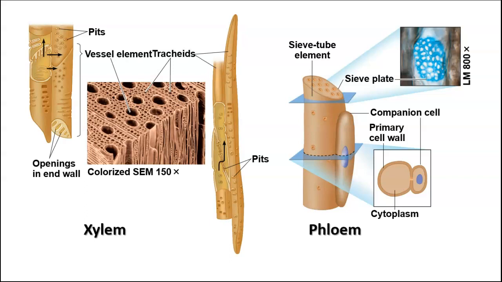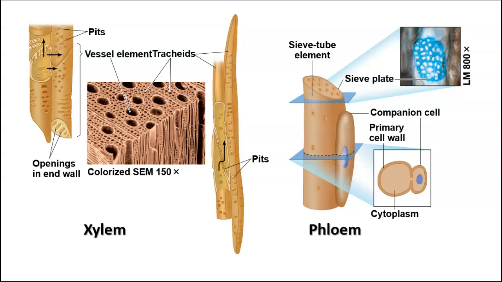They have pits and pores that allow for the movement of water from one cell to the next. Water is going to move by, remember, cohesion and adhesion that we talked about way back when we talked about water, and also the process of transpiration, which provides an upward thrust for movement.